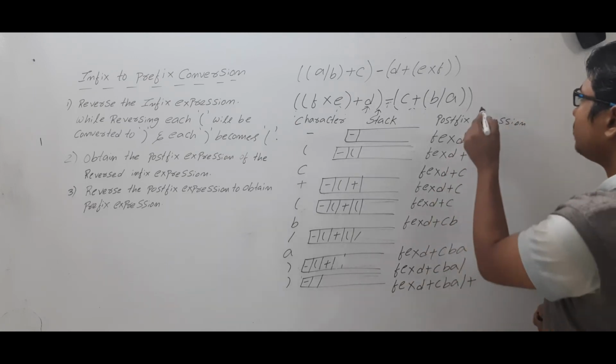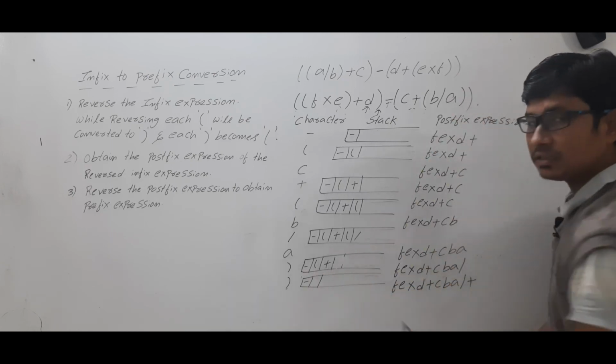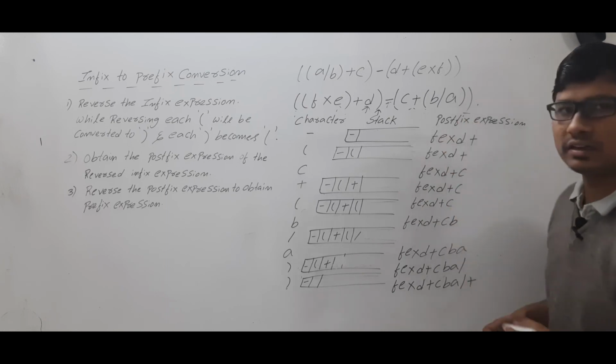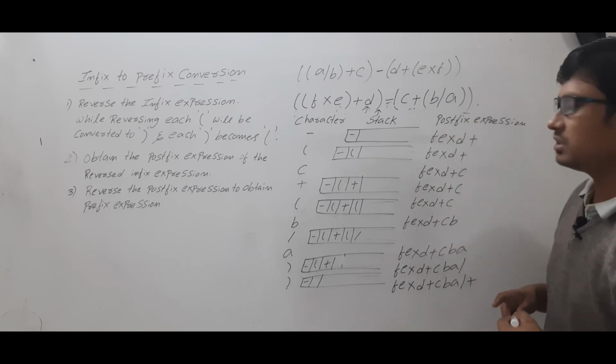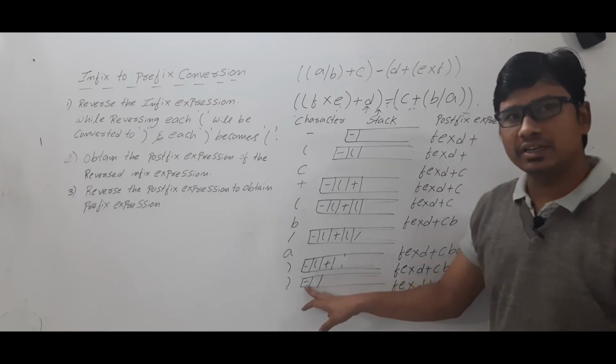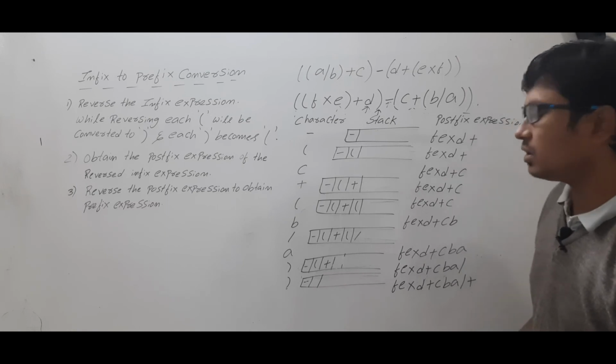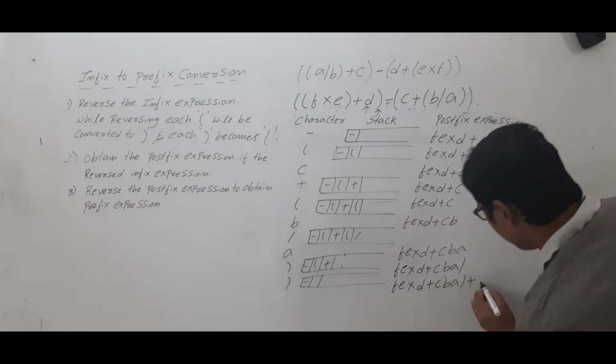Now you are done with scanning, because this closed parenthesis we have scanned is the last character in the infix expression. Is it clear? Once it is done, whatever operators are there in the stack, you need to pop them and append them to the obtained postfix expression.